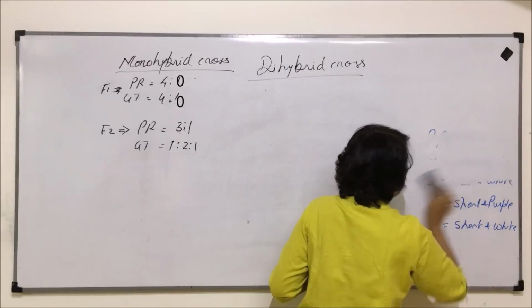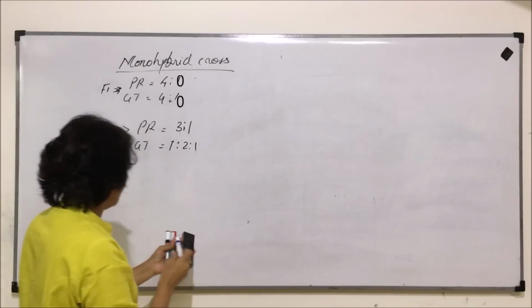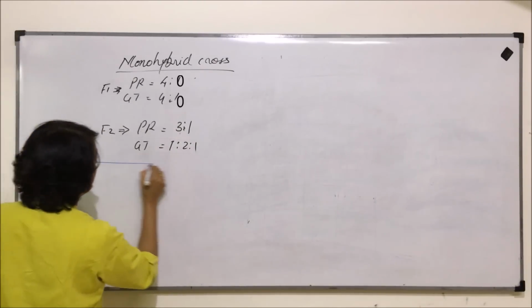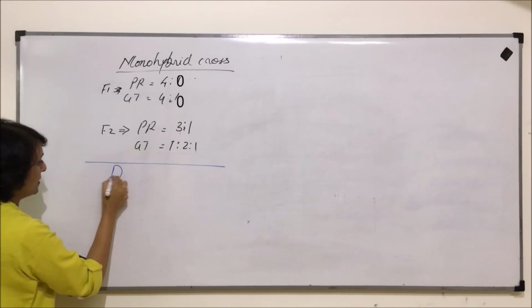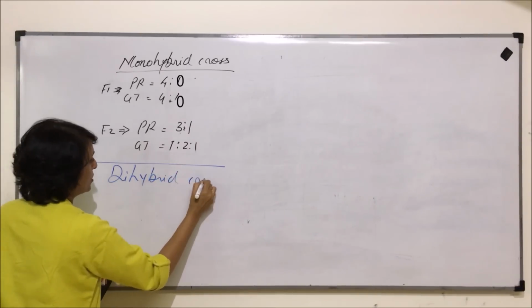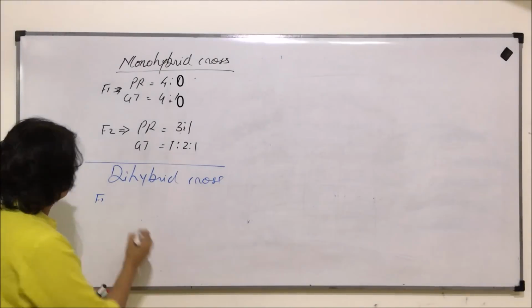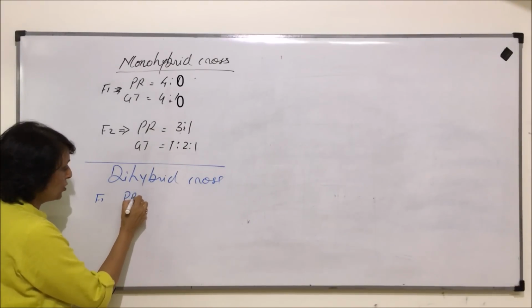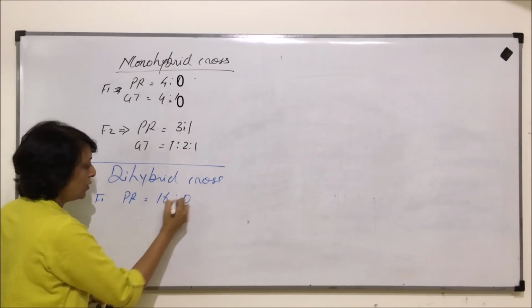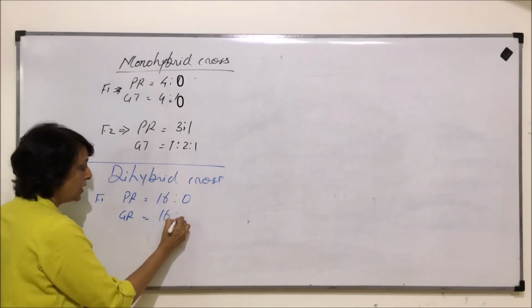So let us write down phenotype ratio in a dihybrid cross here. So this was our monohybrid cross. Now let us write down dihybrid cross. In F1 we got all 16 phenotype ratio 16:0 and genotype ratio was also 16:0.